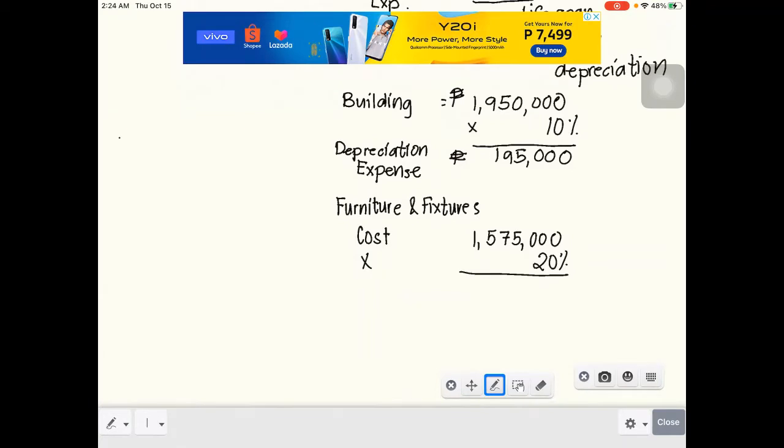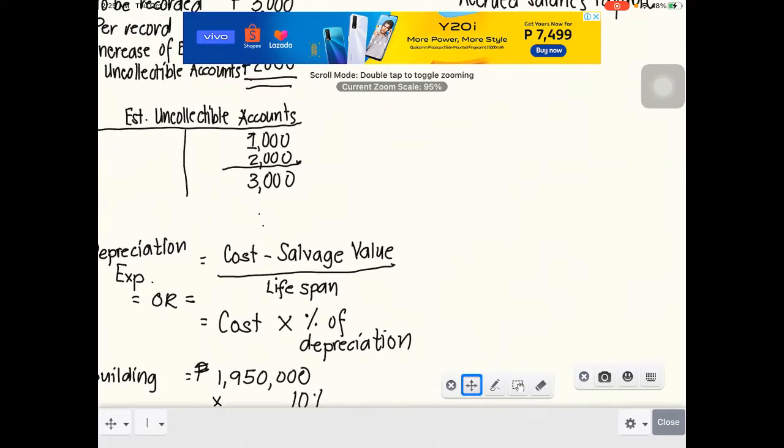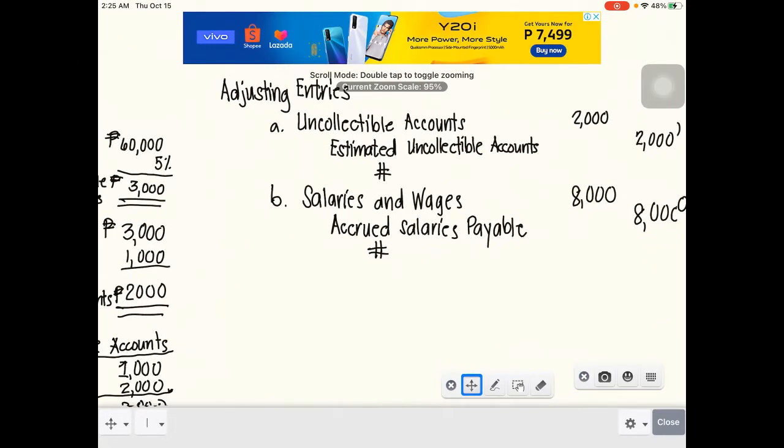So how much is the 20% of 1,575? 315,000. So that is the depreciation expense for the furniture and fixtures. So how to make the entry? So you could make a compound entry or a separate journal entry. So I will just put it here so that it will balance.